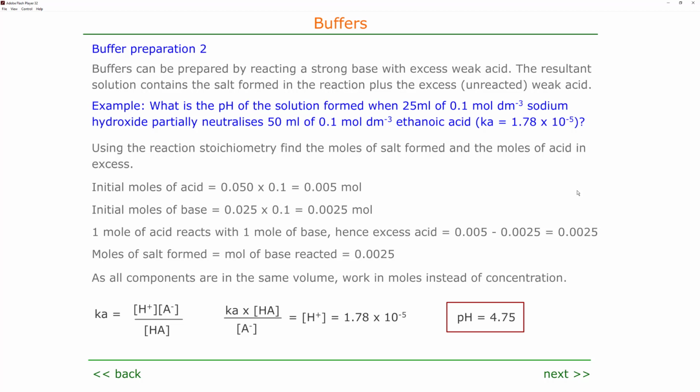A buffer can be prepared by reacting a strong base with excess weak acid. So some of the strong base reacts with the excess acid, making the salt. So we have to do a little bit of a calculation to find out how many moles of salt are produced, how many moles of weak acid are left over, and then once again we plug the values into the Ka equation to work out the pH. Once again, pause the video, go through the calculation.